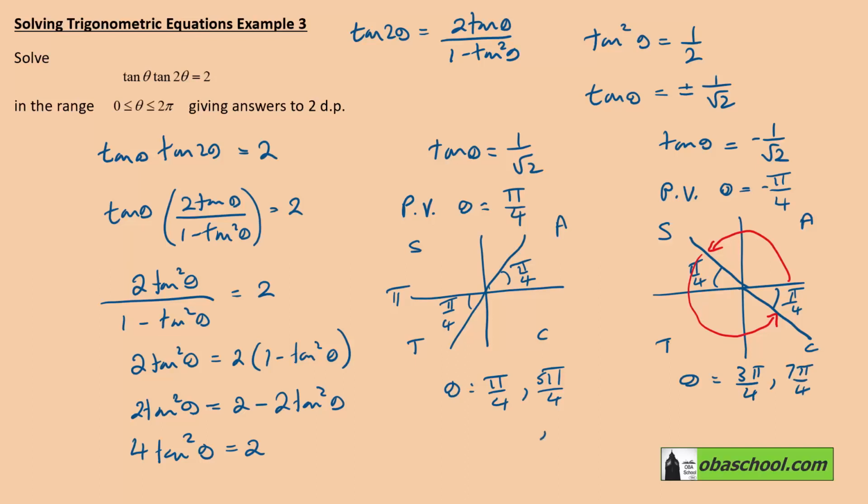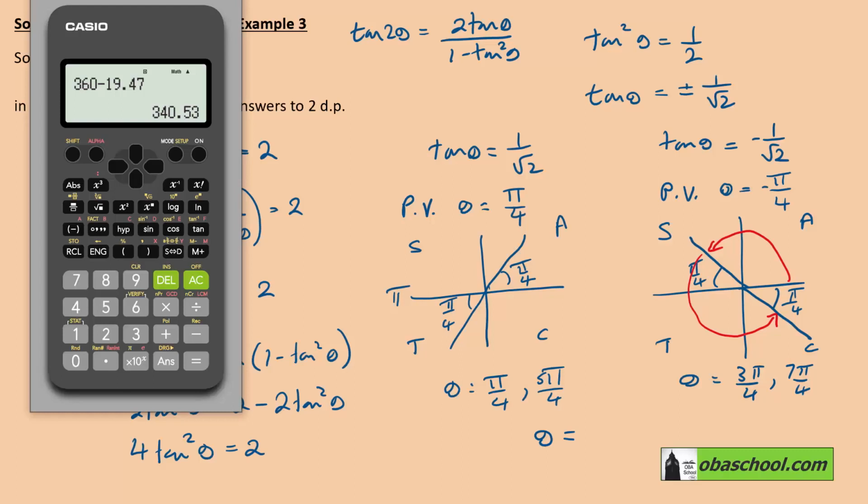Now we're asked to give these to 2 decimal places rather than exact, and we could have actually just done a calculated angle back here, but I just used the standard values. Now I think my calculator is in degrees, so let's just make sure and change it to radians.